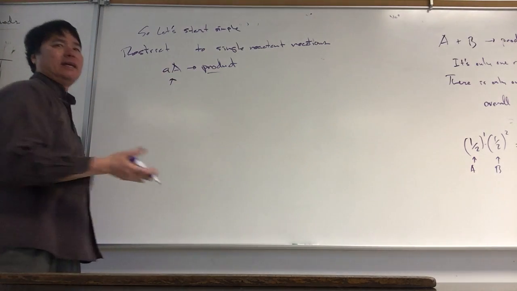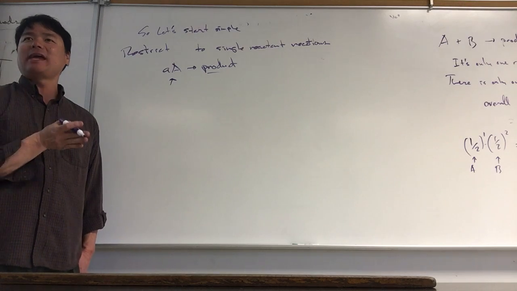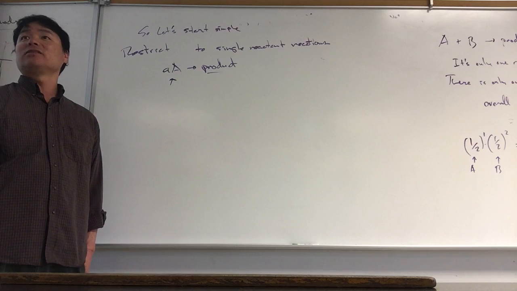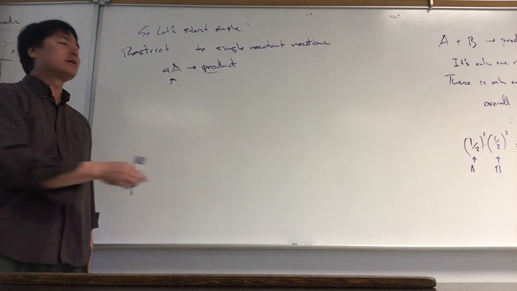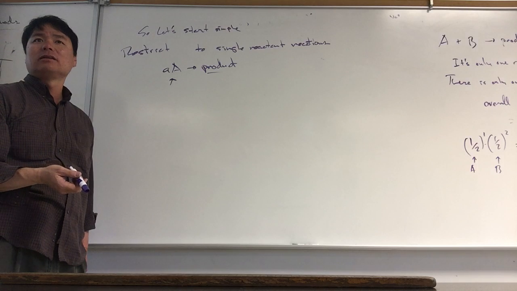Therefore, there's no B to screw things up. There's no C to screw things up. The only thing here is A. And so what you see is what you get. And so if we see second order overall, that means it's got to be second order in A because there's nothing else there, right?